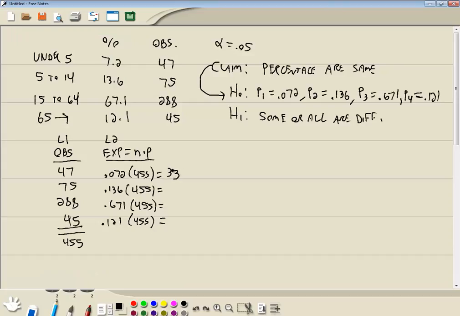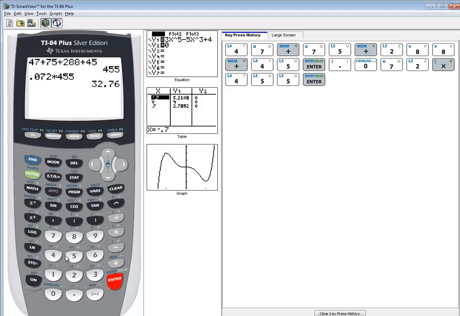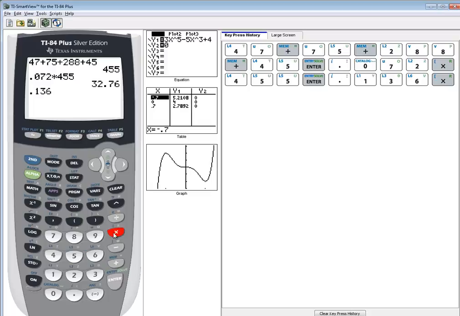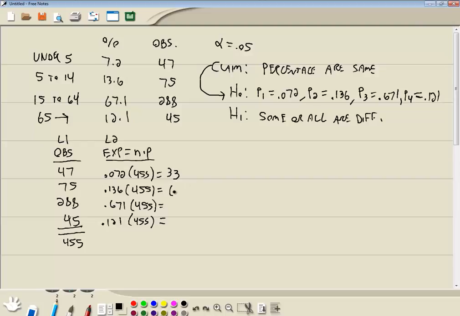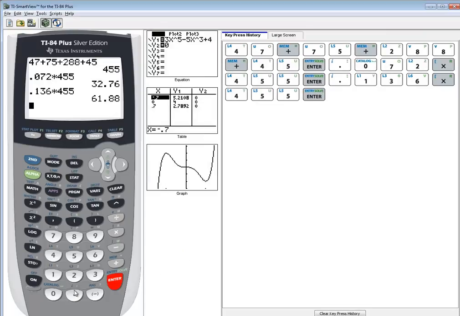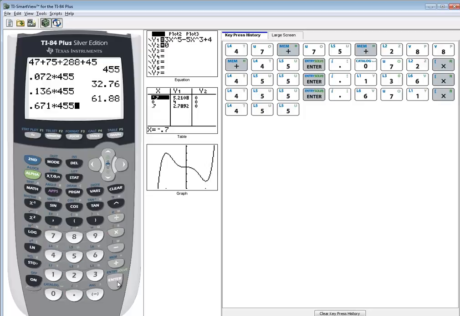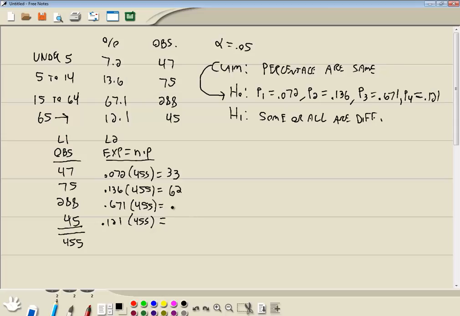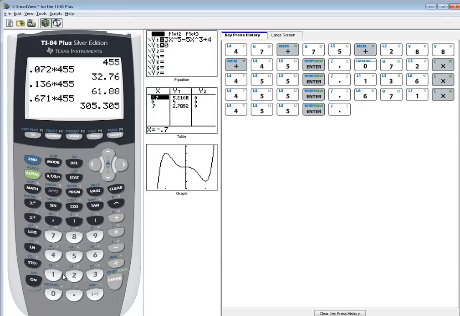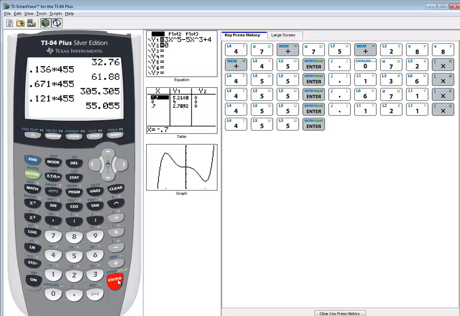You can't have decimals in expected. Can't have like part of a person, for example. 0.136 times 455 will be 62. 0.671 times 455, 305, and 0.121 times 455, 55.